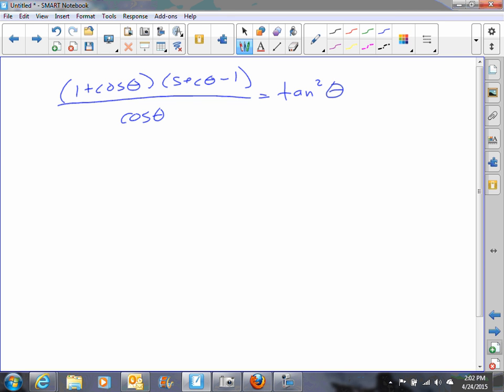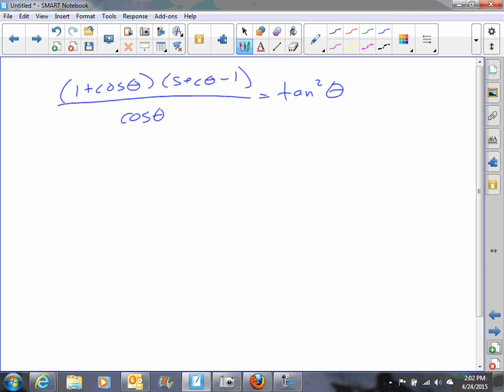Okay, now a technique that seems to work well is to rewrite. Notice I've got cosines and I've got secants on the left-hand side of this identity. So it would be a good idea if we could rewrite all of these things in terms of just sines and cosines, or in this case, probably just in terms of cosines.